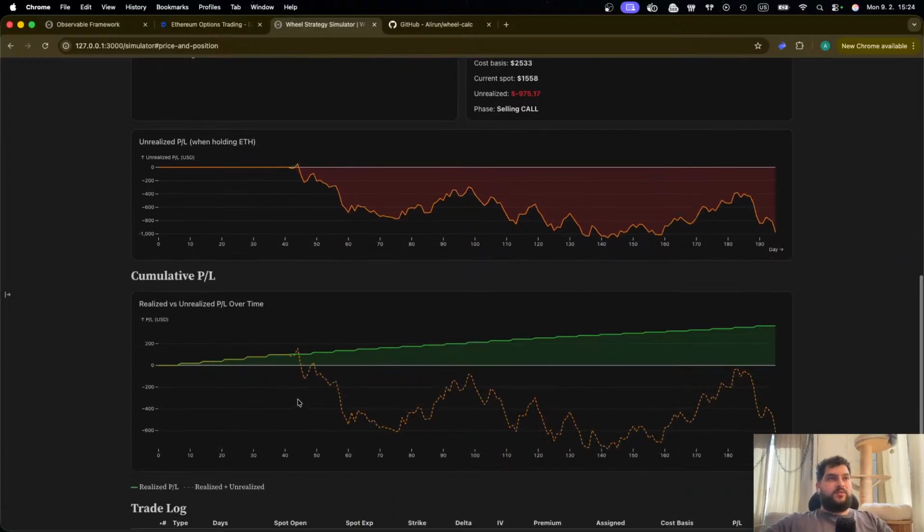And here you can see we earn not a lot, but steady income on the premiums, because we are never getting assigned, so we never have a realized loss or profit as well.